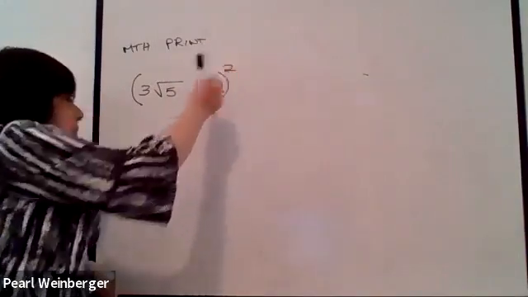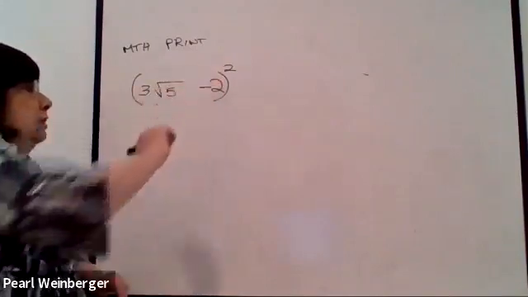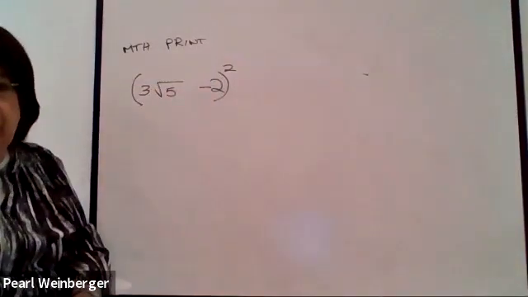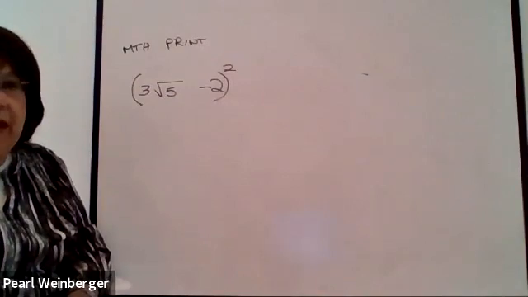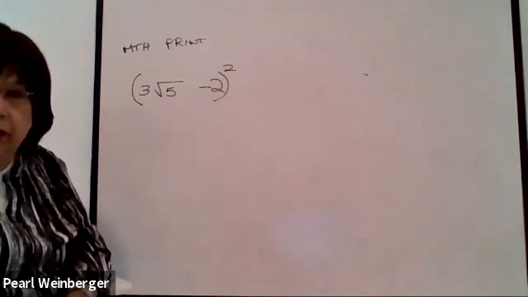Okay, what if I would have given you 3 radical 5 minus 2 with a square on the outside? What would you have had to do with this? What happens when you have a binomial squared? I mean, you can just write it out.